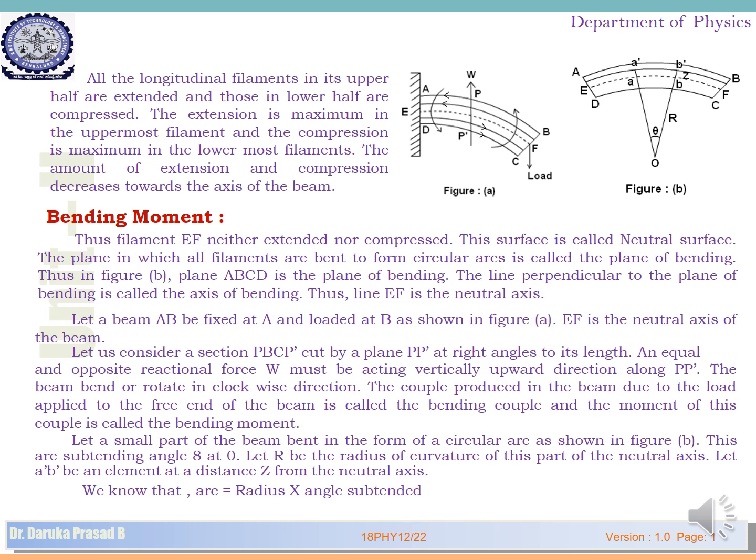Let us consider a cross-sectional plane PP dash across which the load is applied and an equivalent opposite weight is going to act, and that leads to a bending in the beam.